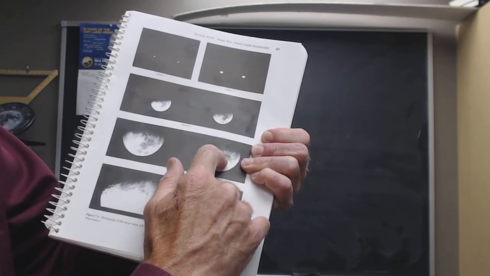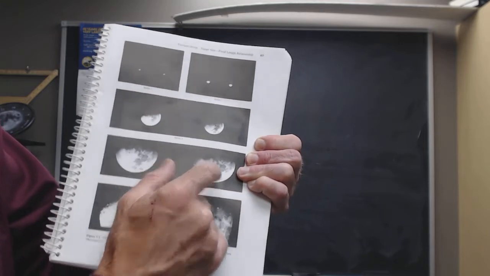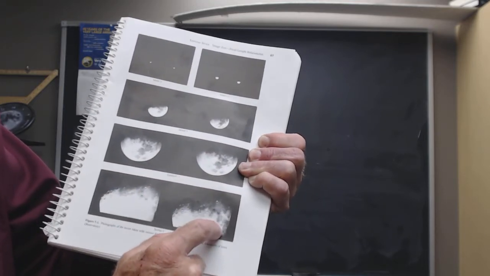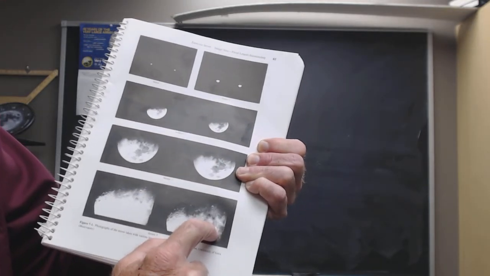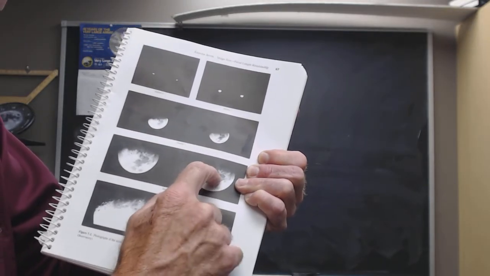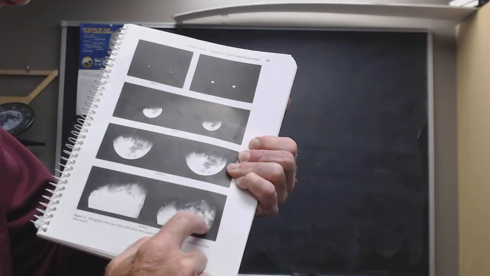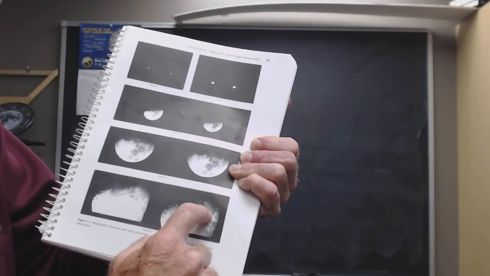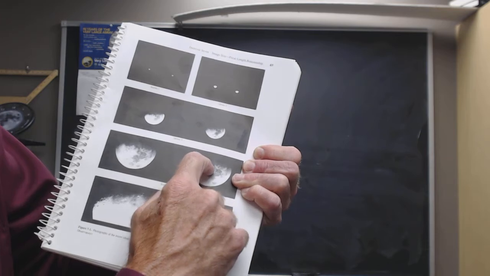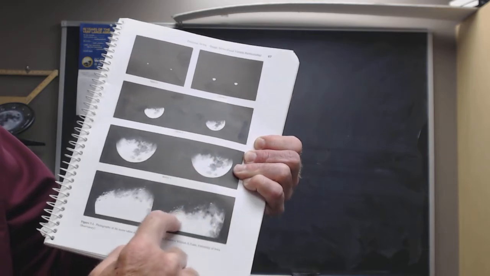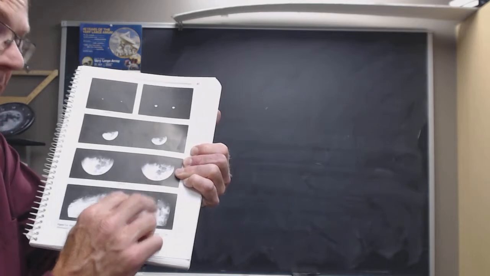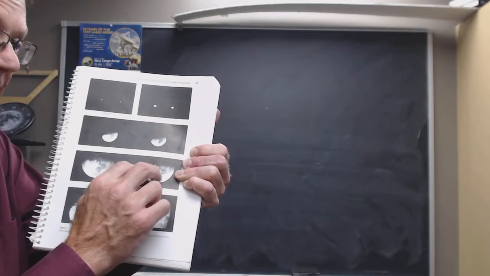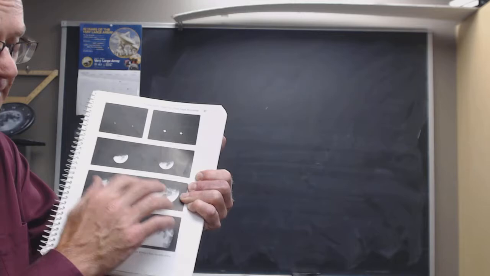That's the mare that you're seeing right there with that bright nip between them, and that bright dot right there. So you might even be able to get away with measuring the size of that bright dot, but you can probably scale from there to start to find craters that you can use across in here. And so that's what you want to do: measure the diameter of a crater here and say how many times bigger is it than that diameter that you had in this set of images.